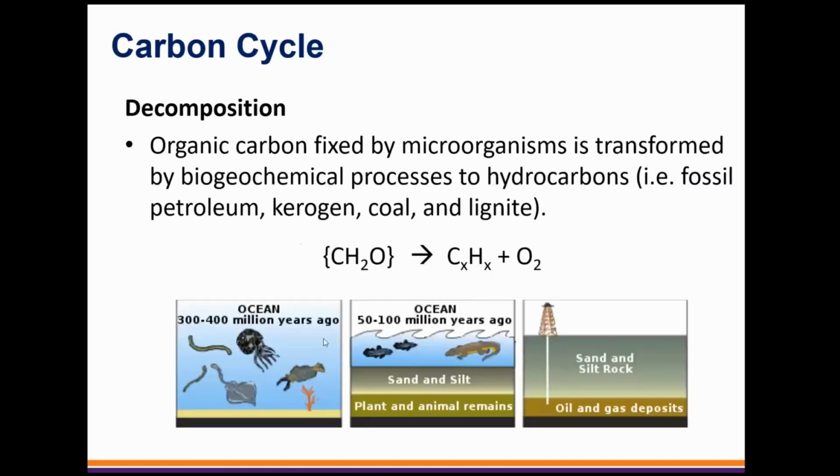This process is very, very slow because when organisms die, they decompose or break down, releasing carbon to the environment. And this process takes a million years. In the end, what we have is the production of fossil petroleum, kerosene, coal, or lignite.